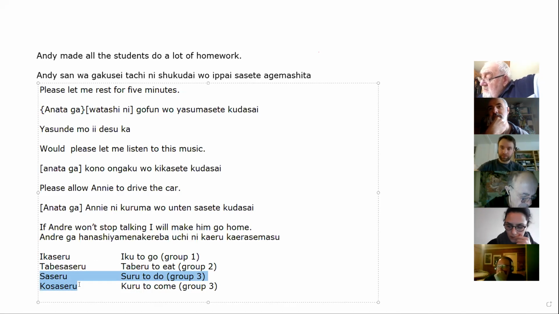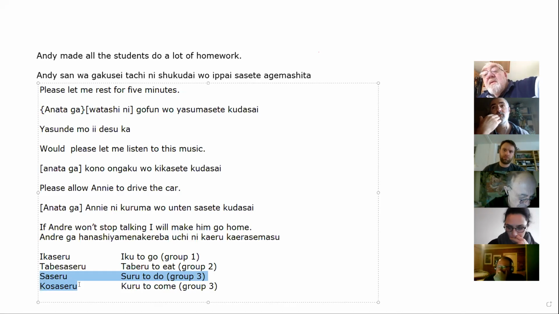What did you say, Andy? The group 1, the passive, and what else was the same? For passive and causative, every group 1 verb conjugates the same way in the causative form, and the same way in the passive form. Does that apply to group 2 as well?